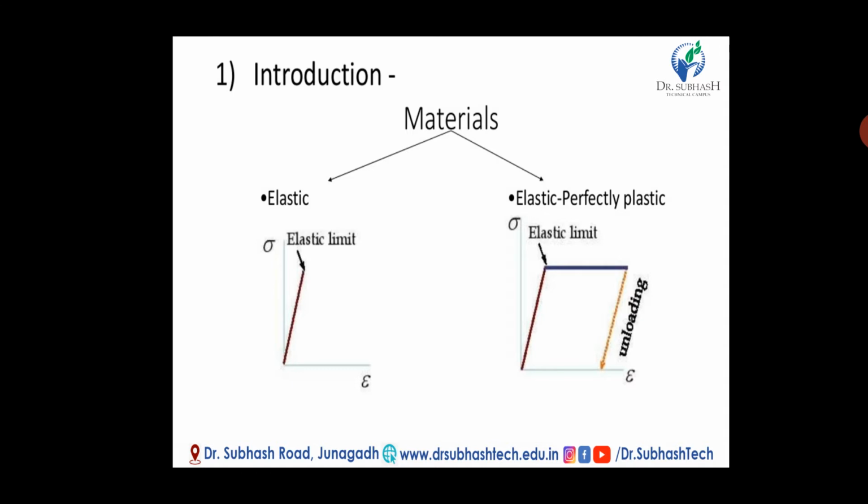In the elastic method of design, also termed the working stress method or allowable stress method, stresses and deformations are computed at working load using the elastic property of steel.